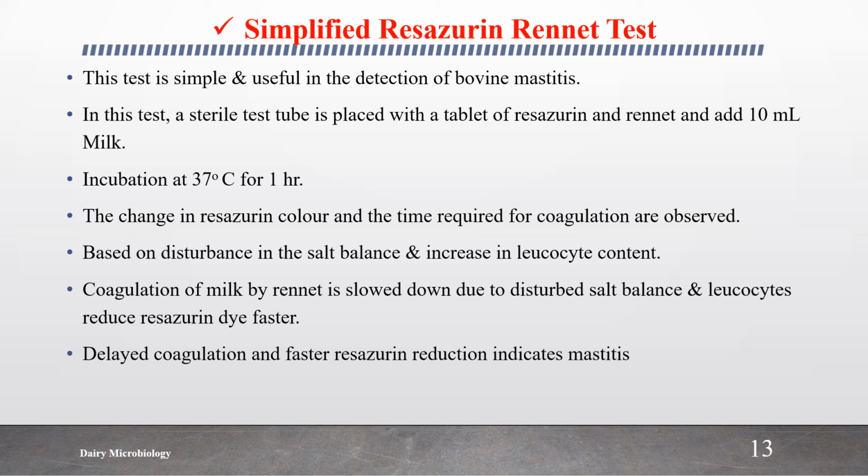The coagulation of milk by rennet is slowed down due to disturbed salt balance in milk, and the presence of a large number of leukocytes in milk reduces resazurin dye faster. So delayed coagulation and faster resazurin reduction indicates presence of mastitis.